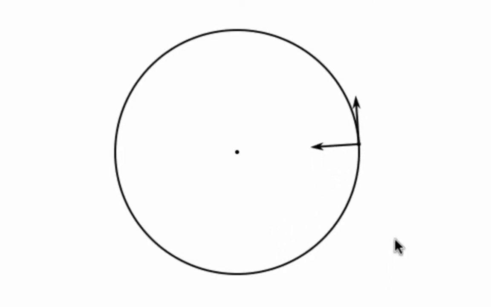Here's an example. There's a particle that's going around at constant speed around a fixed center. So it's moving in a circle. This is the velocity vector that you can see over here. And this is the acceleration vector. This is perpendicular to the velocity vector.